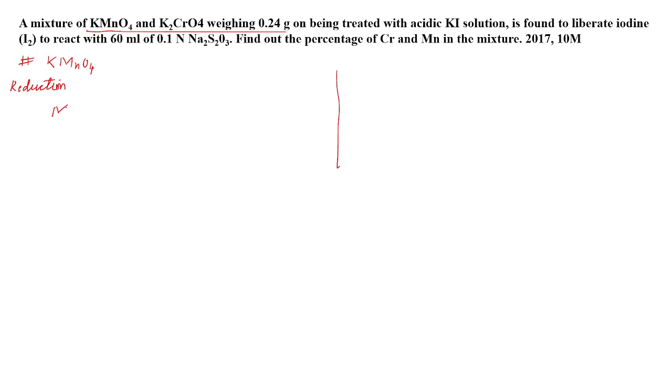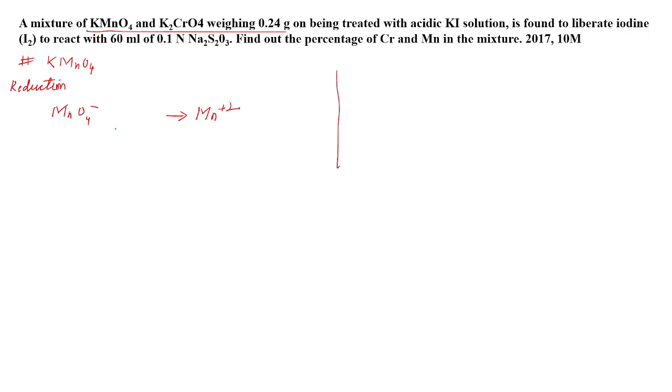This MnO4 minus is going to change into Mn plus 2. Here you can see the oxidation state of Mn in KMnO4 is 7, and after this reaction, it is going to convert into Mn plus 2.